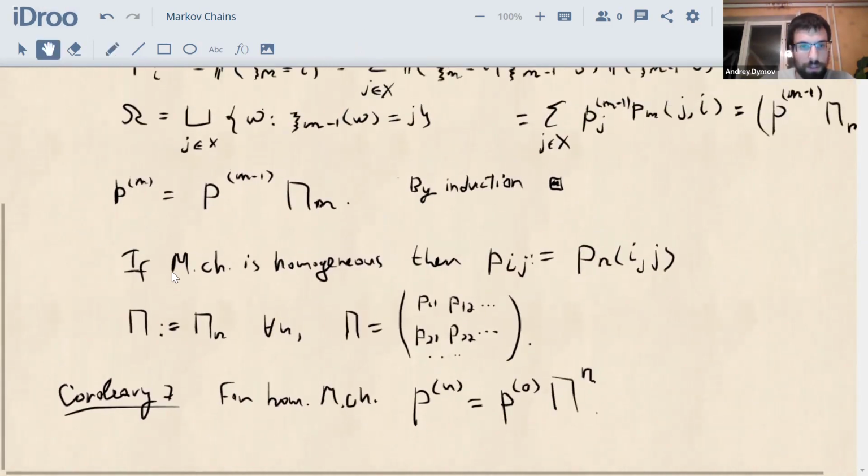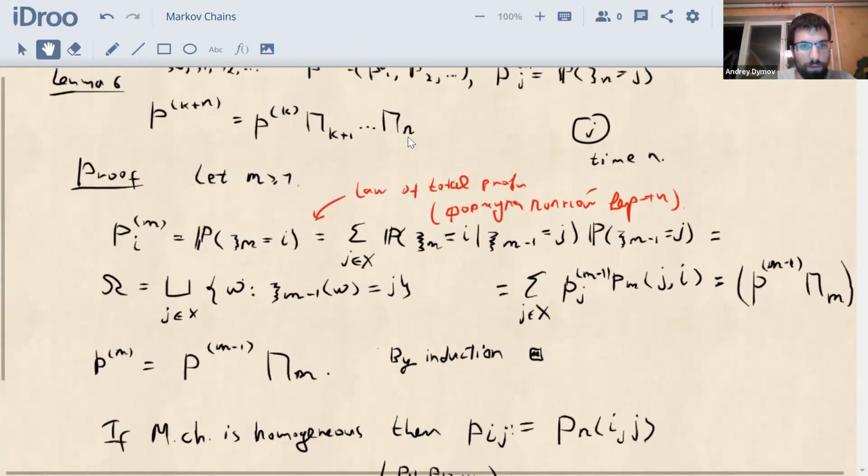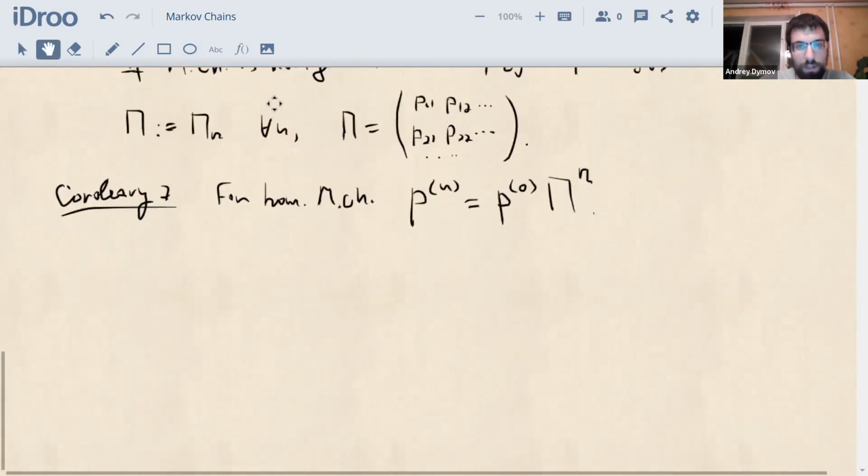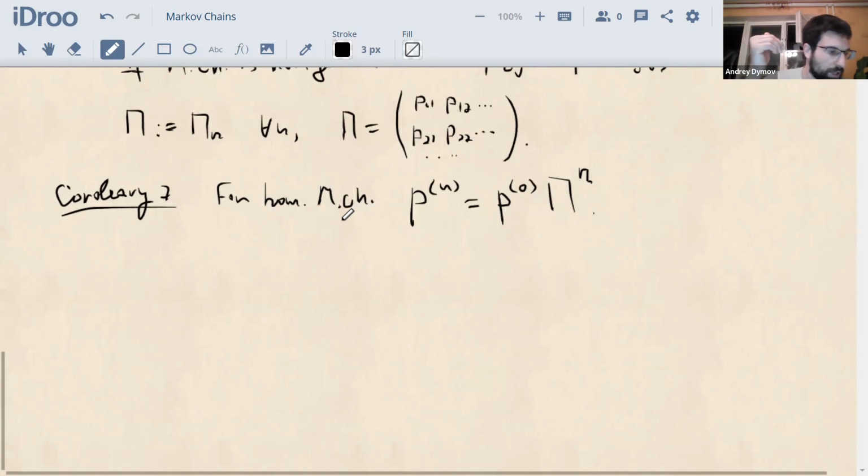You see? So this trivially follows from this result. Okay, so now once we know the transition probability matrix and the initial distribution, we can compute everything. We can compute the probability of where we are at the moment of time n.